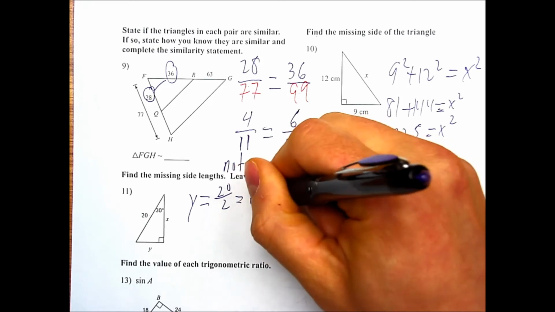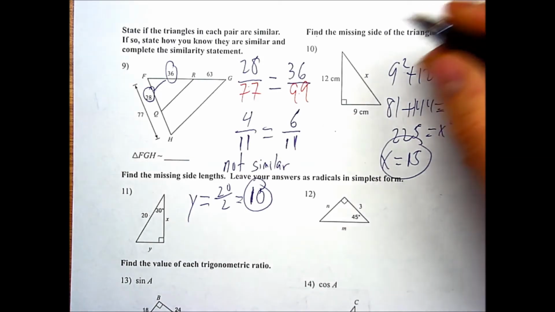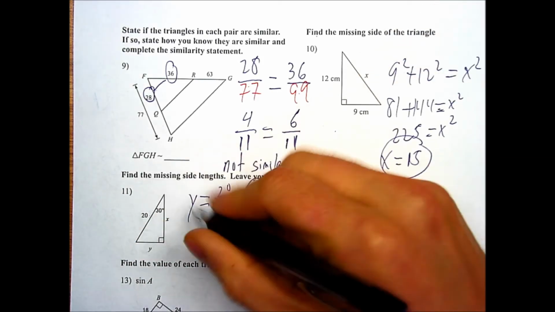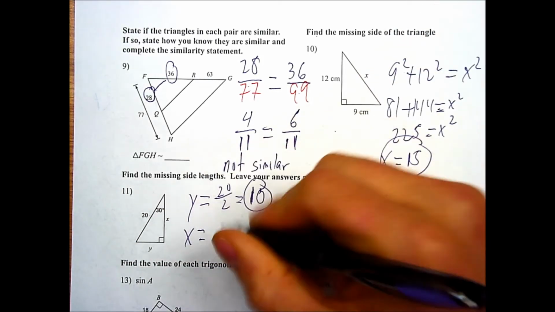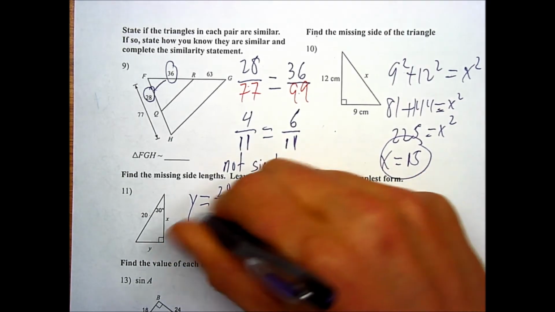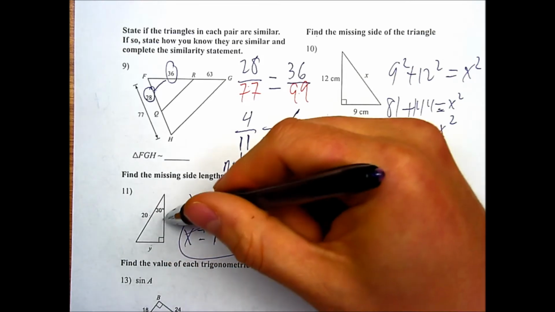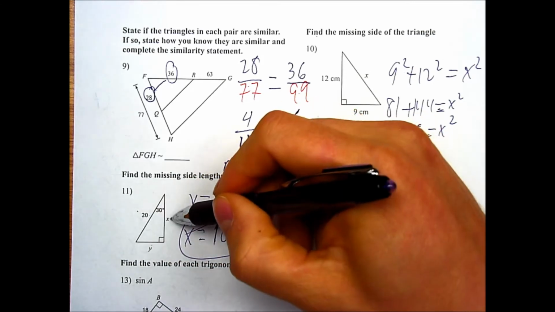Once I find the short length, I can multiply by the square root of 3 to get the other leg, the medium length on this triangle. So the medium length x is 10 square root of 3. This is not a calculator question. This is a ratio question. The ratio on the sides of the 30, 60, 90 triangle are 1, 2, square root of 3.